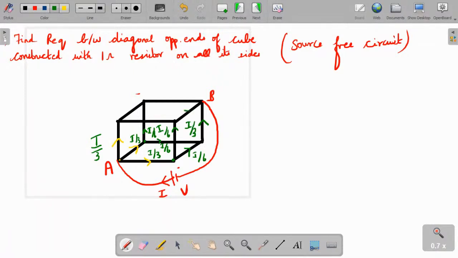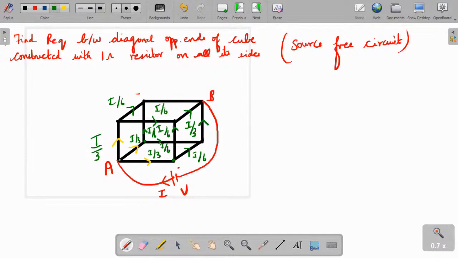Similarly here, I by 6 current is coming and here you have I by 3. If you take I by 3 here, first here also I by 6 would have come. So the current flowing here is I by 6.